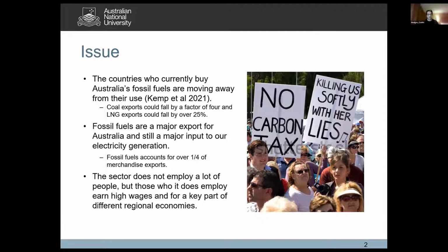So they've played a pretty key role in prosperity in Australia. It's not to say they're faultless, and they're not especially employment intensive. There's a lot of foreign ownership, so it's not what you'd call a model industry necessarily, but it's one that has played a key role in Australia's economic development.